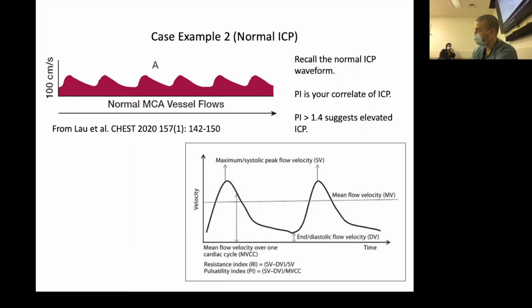If your pulsatility index is greater than 1.4, usually what that's reflective of is that your diastolic velocity starts going down, and your peak systolic velocity stays roughly the same, again, right? Because mean flow velocity and peak systolic velocity happen with proximal processes and not distal processes, okay? So when you get your PI elevated, you have an ICP problem.